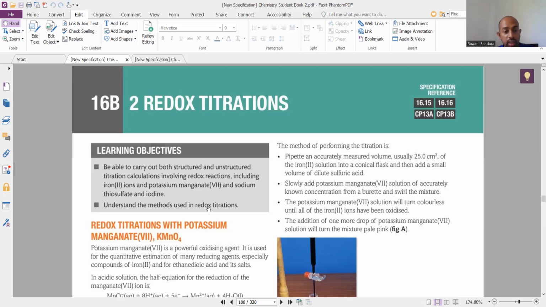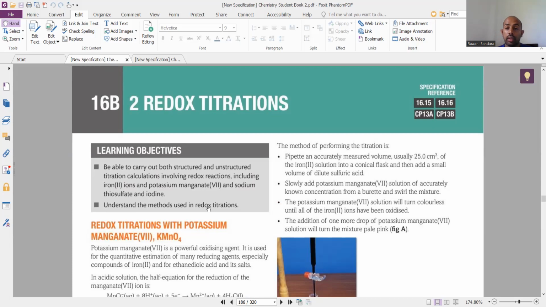That's the normal titration. A neutralization reaction takes place, and you can see the color change during it.